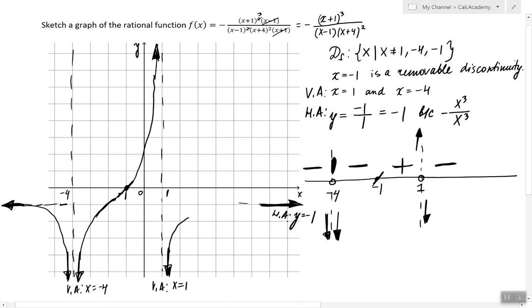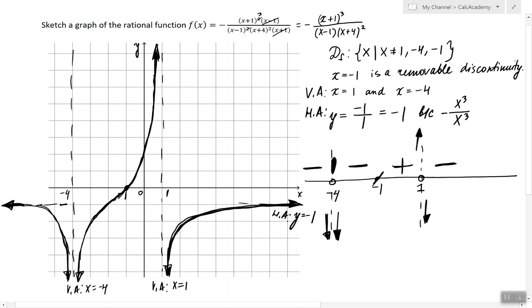And the final graph is something like this. So this is the sketch of a rational function obtained by considering the sign chart. Of course, we can improve it by picking more points, but it seems like we were able to sketch it and highlight the most important parts.